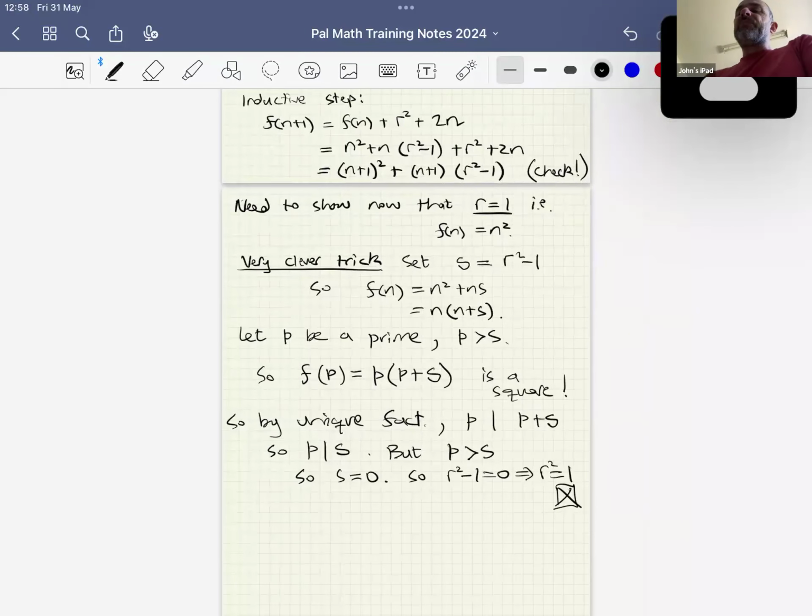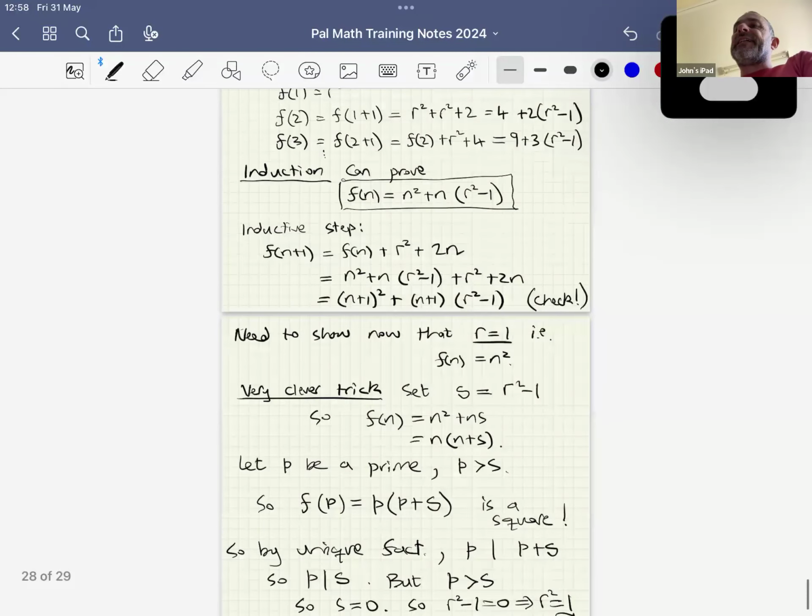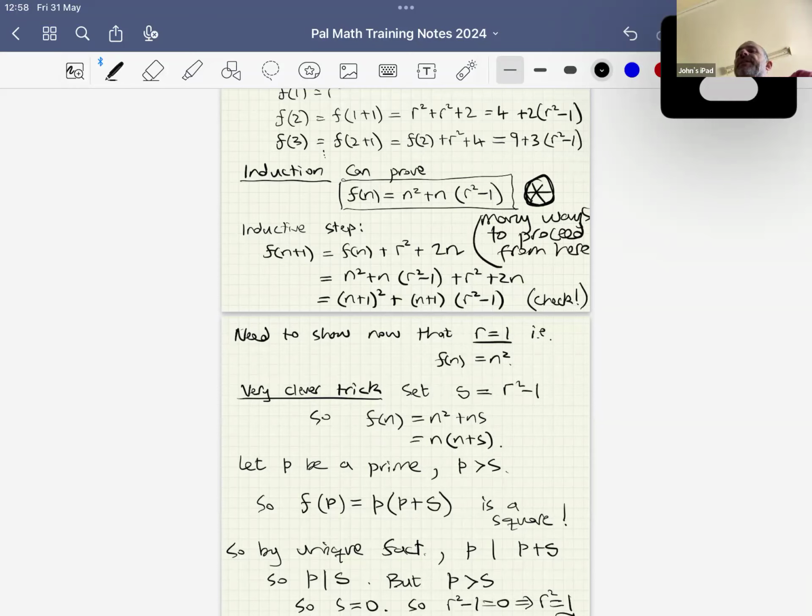Okay. But the key thing is this equality here, and there are probably many ways to proceed from here in showing that r is 1.